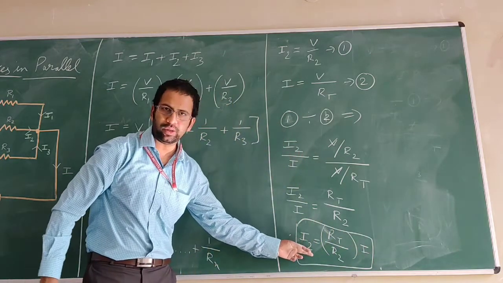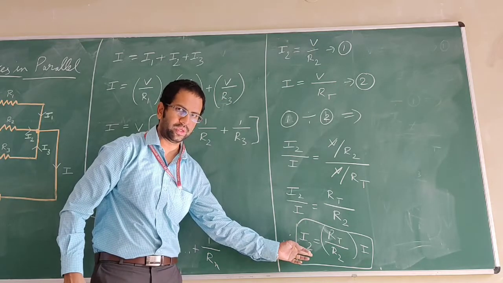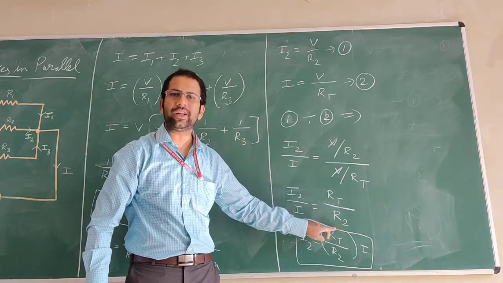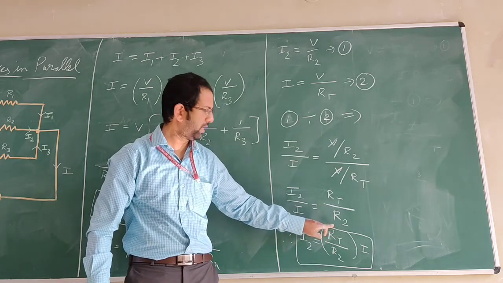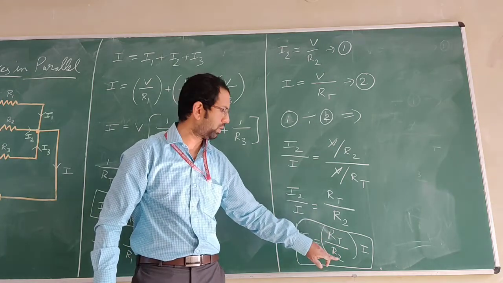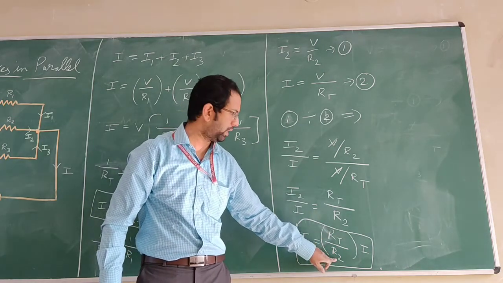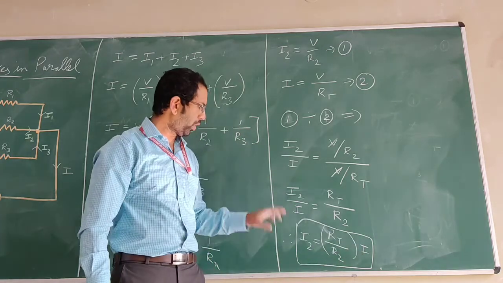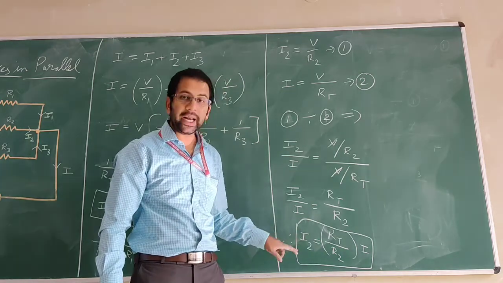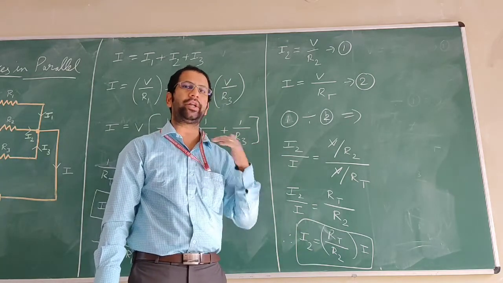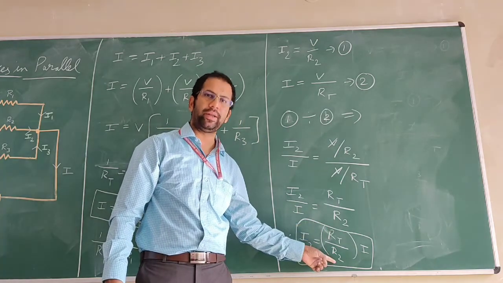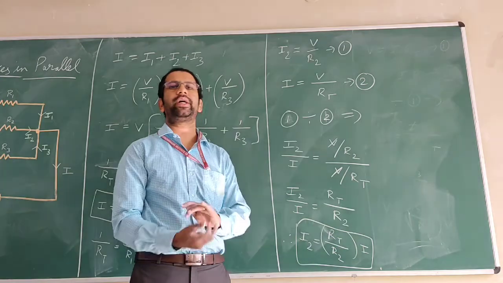Hence, current across resistor 2 is the ratio of total parallel resistance to the resistance of that particular resistor, into total current. Or if I write I1 is equal to RT by R1 into I. The current across resistor 1 is the ratio of total resistance to that particular resistor into total current I.